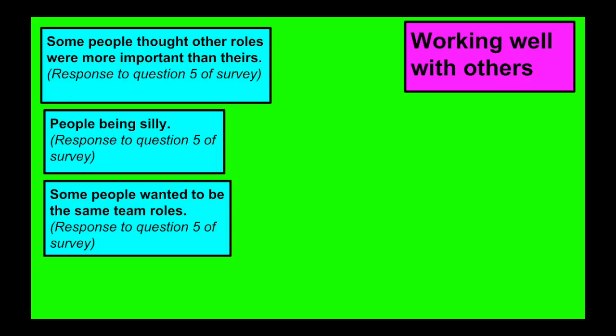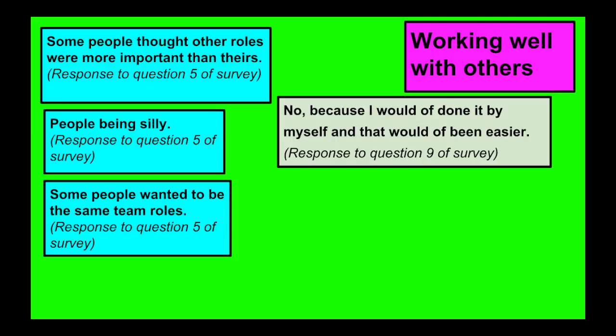Some people wanted to be the same team roles. Now the survey also confirmed that the task did not suit everyone, as nearly a quarter of students felt that they would have done the task better by themselves. These were their responses. No, because I would have done it by myself, and that would have been easier. Because I can do it all by myself.